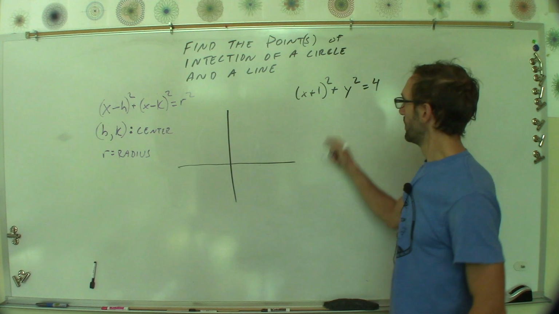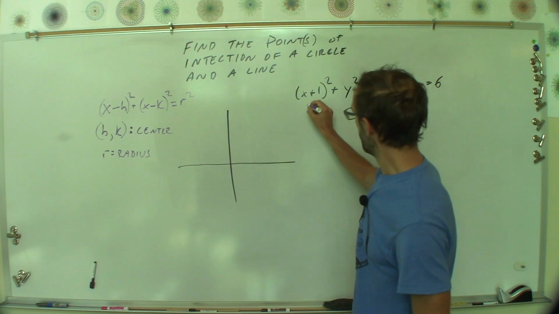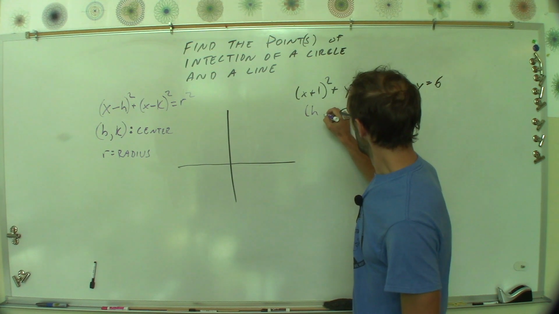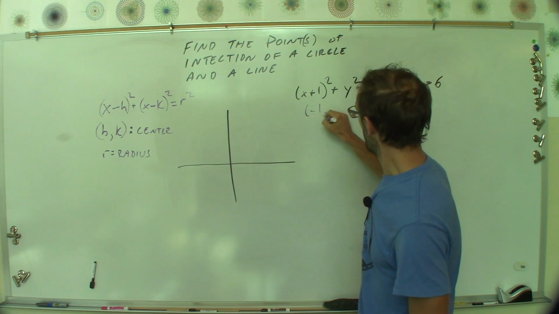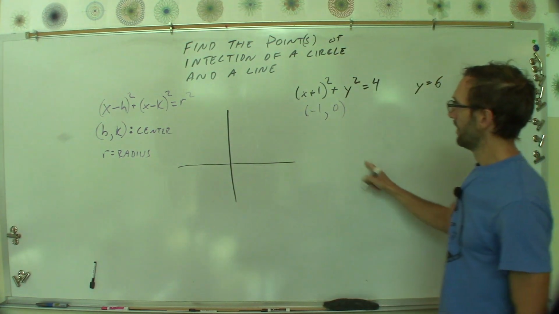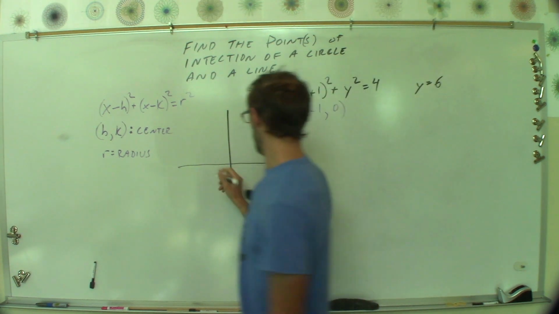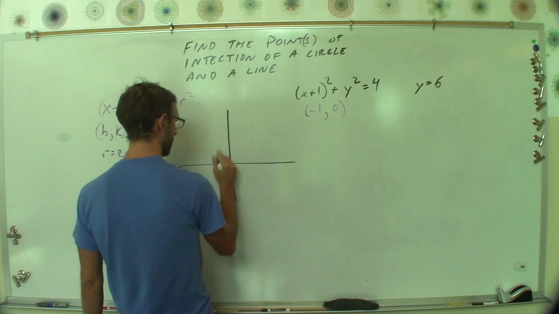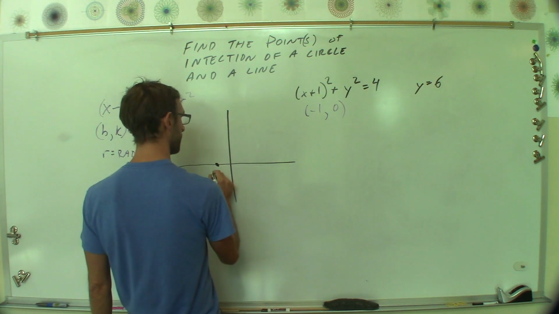All right, so here's our circle, and the h and k values are going to be, let's see, negative 1 for the x and 0 for the y. So negative 1 is going to be over here, 0 right here. We'll call that the center, negative 1, 0.